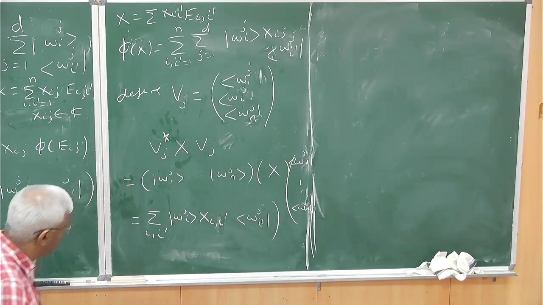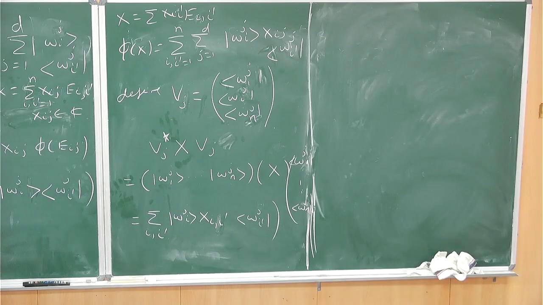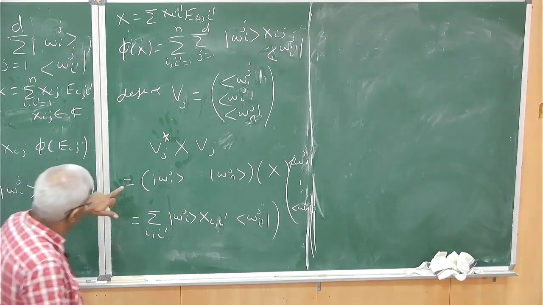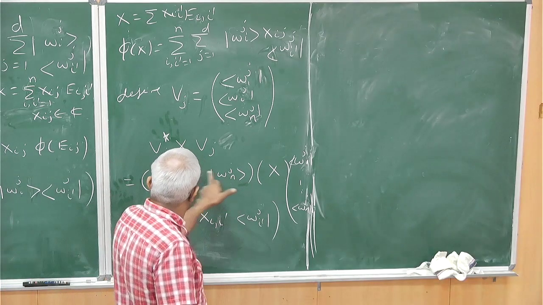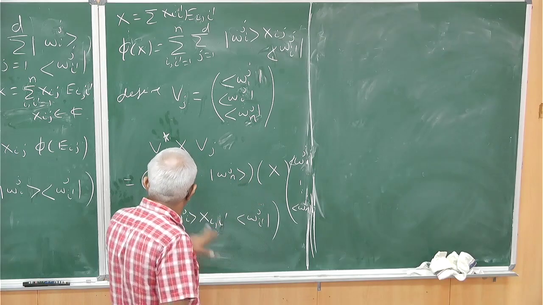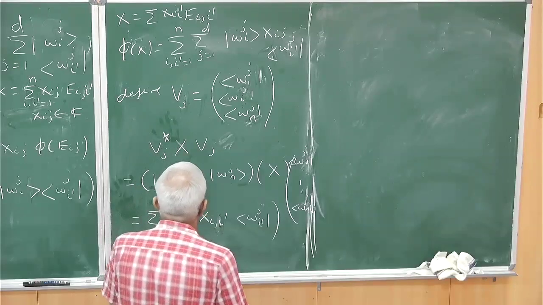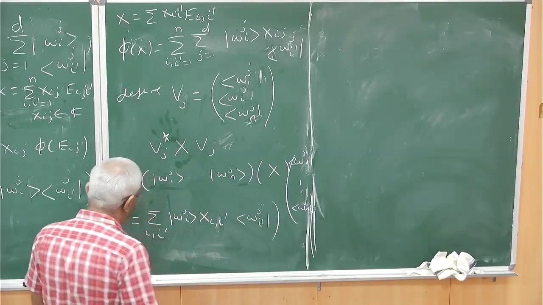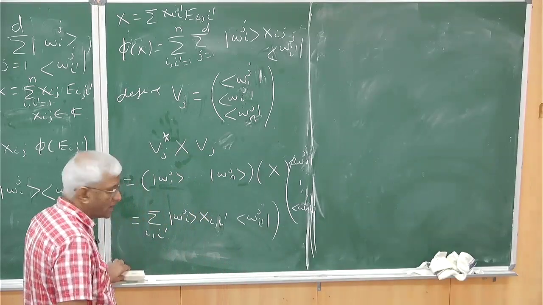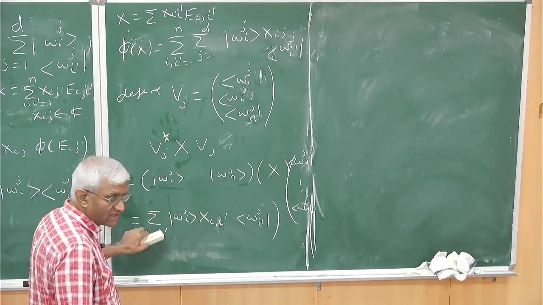It is just this vector. You just compute the matrix product. So this is my claim. This is equal to this.